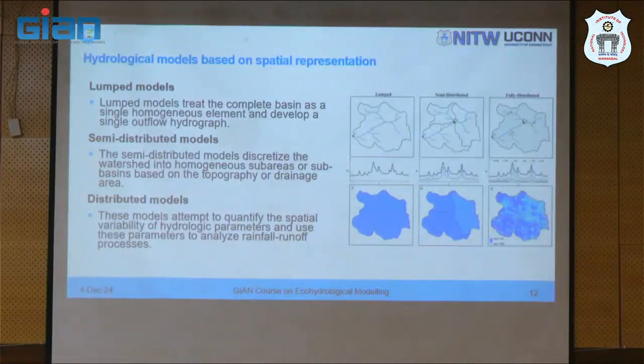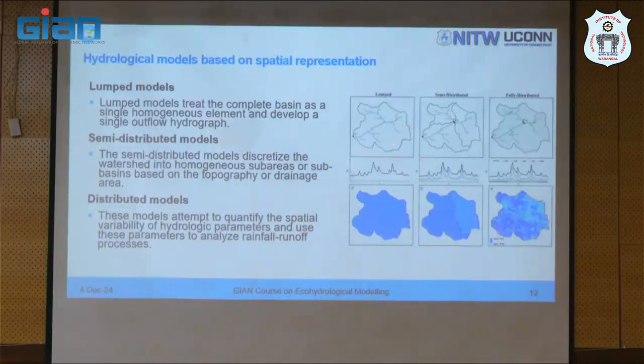That is, the entire catchment behaves in one particular way. Given a rainfall at this particular point and at that particular point, it is going to behave exactly the same, and that is what is lumped. Lumped models treat the complete basin as a single homogeneous element and develop a single outflow hydrograph.